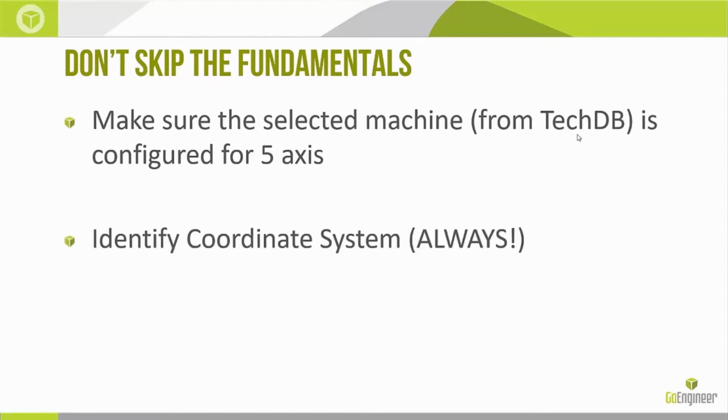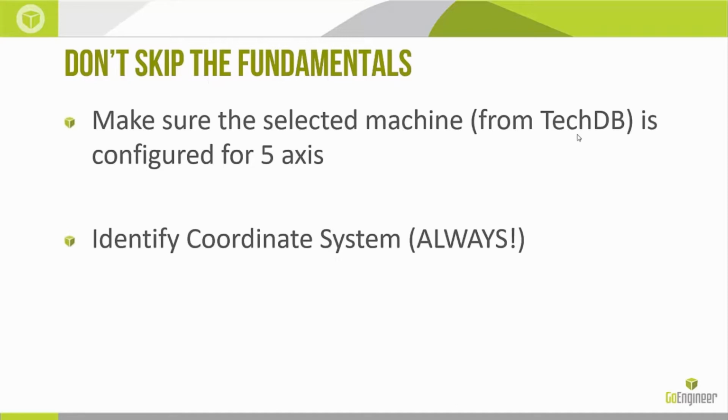Identifying a coordinate system. This isn't always required in CAMWorks, but I really hate that phraseology. To me, identifying a coordinate system, you should just always be in the habit of doing. It's not needed for every little aspect of even simple programming or advanced programming, but might as well go ahead and identify it and avoid any potential pitfalls. It takes only a couple seconds.